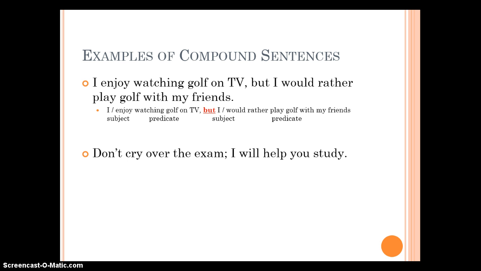Here's another example: don't cry over the exam; I will help you study. The first part before the semicolon is don't cry over the exam, which is an independent clause. The second part is I will help you study, which is another independent clause. So together they form the compound sentence.